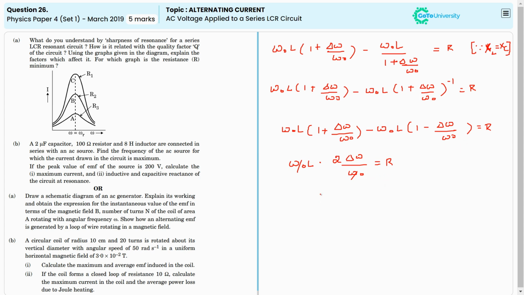Then we'll get delta omega is equal to R by 2L.